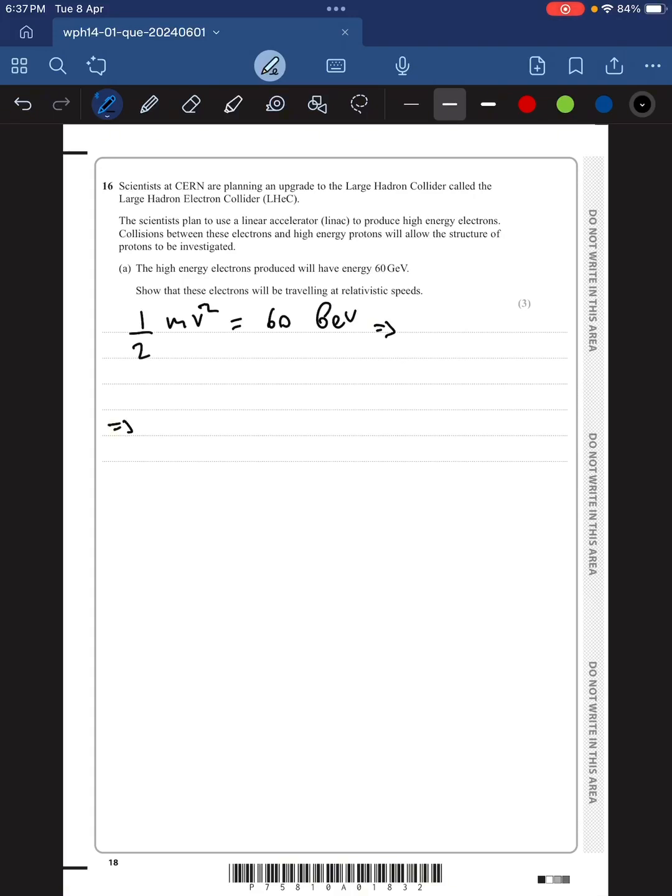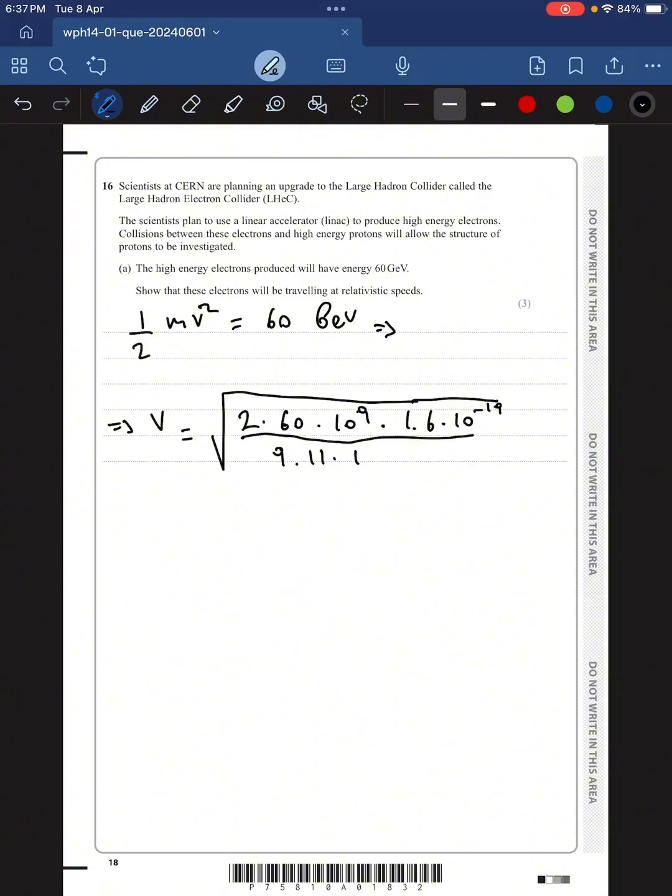So we have that v should be the square root of 2 times 60 GeV, where GeV means 10 to the 9 eV. 1 eV is 1.6 times 10 to the negative 19 joules. And then we have to divide this by the mass of the electron, which is 9.11 times 10 to the negative 31 kilograms.